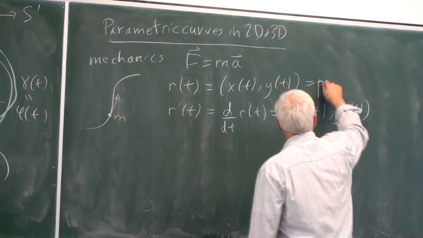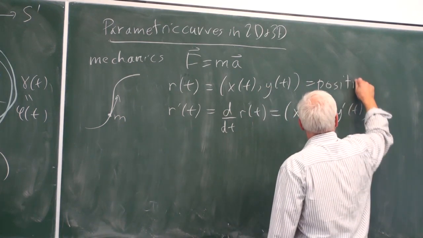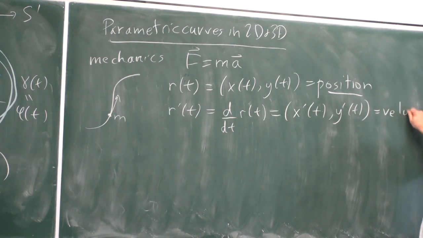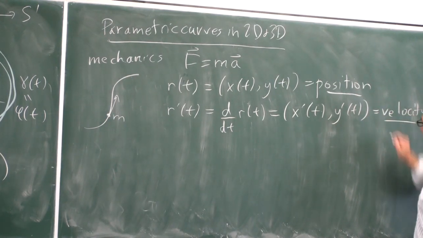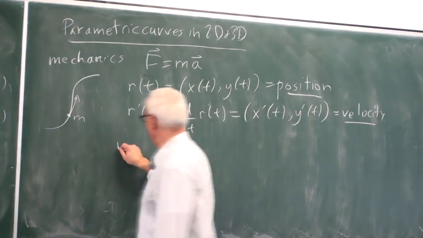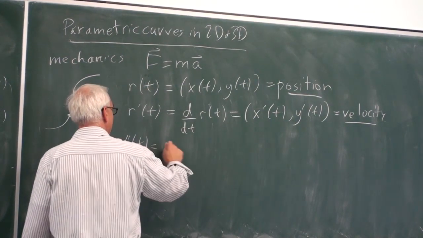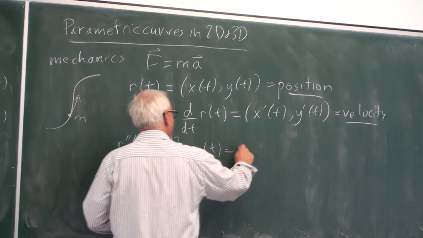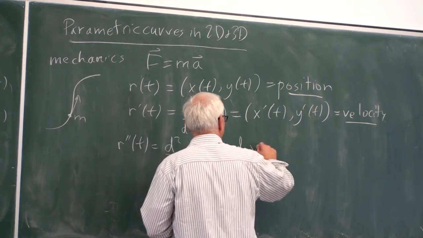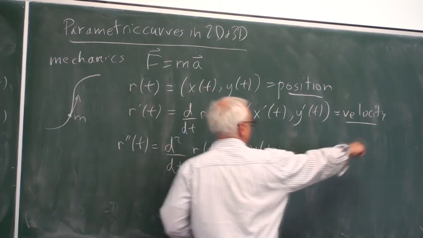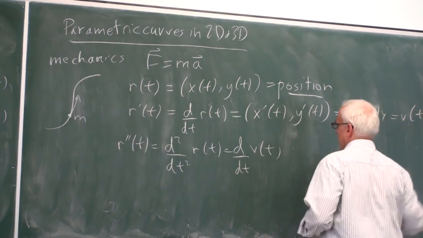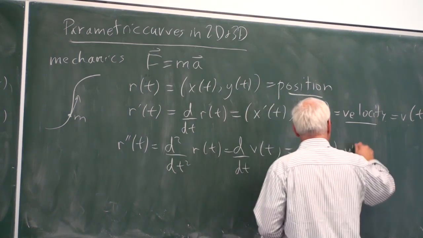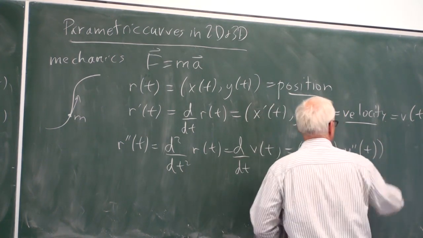This is usually called the position of, say, a particle, and then this is, of course, the velocity. Maybe we call that v of t. And then one more derivative gives x double prime of t, y double prime of t. That's the acceleration.